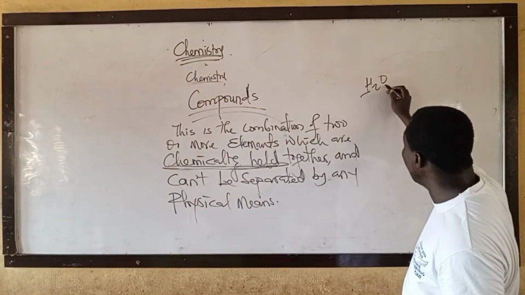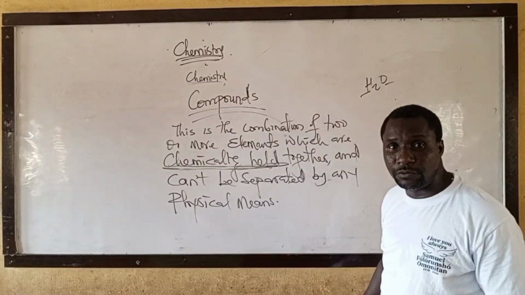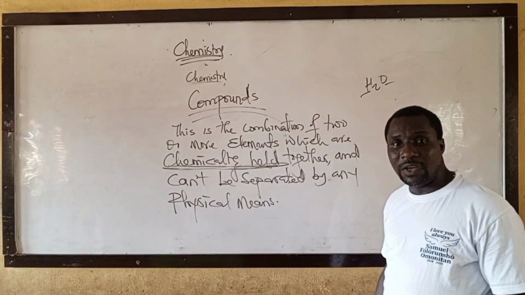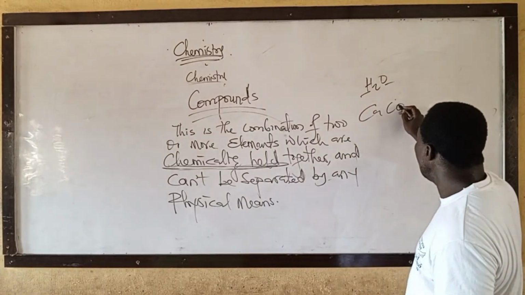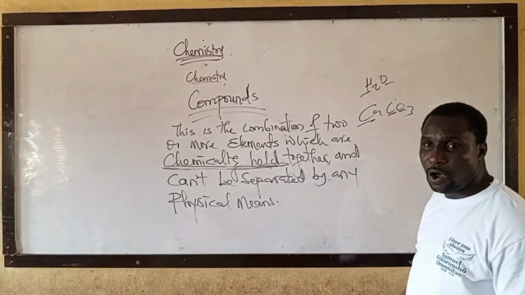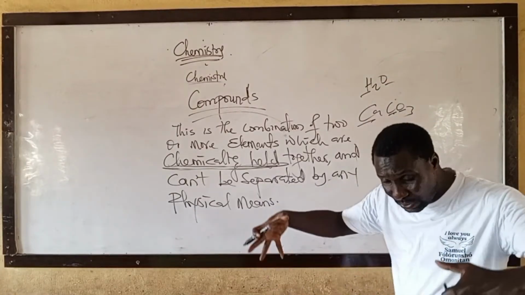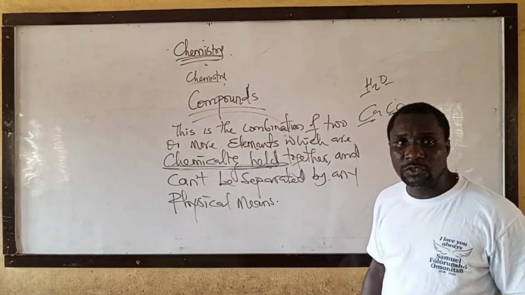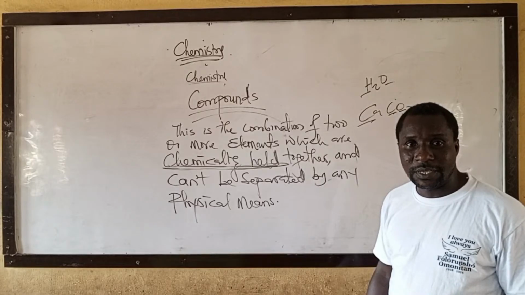Two, hydrogen and oxygen. Two atoms of hydrogen to one atom of oxygen. If they ask you, look at this compound, how many elements are there? Calcium, carbon, and oxygen. When you have two or more elements chemically held together, that is a compound. Take note of that.